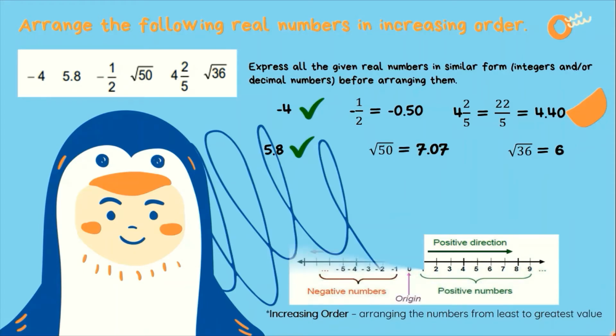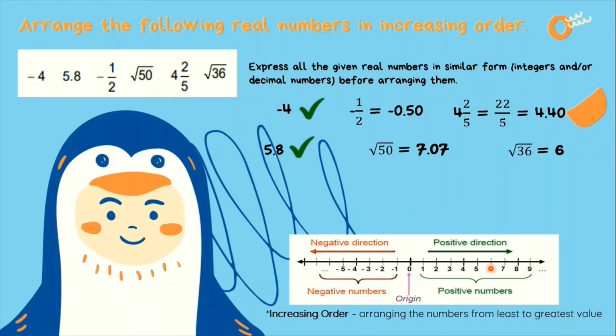This is an example of a number line. Nasa gitna si 0, siya yung origin. Lahat ng nasa kanan ni 0 ay positive, lahat naman ng nasa kaliwa niya ay negative. Kanina nabanggit natin na ang pinakamalaki na negative integer ay negative 1 dahil ito yung closest to 0. Yun ang lagi nating tatandaan for negative numbers. Mas malapit siya kay 0, mas malaki ang kanyang value.